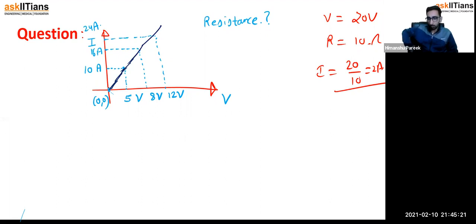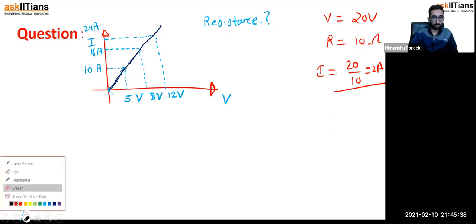If you look carefully here, a few things we can analyze. Just look at this data. Let me erase this part to avoid confusion. When we look at this data, we sometimes get a wrong intuition.